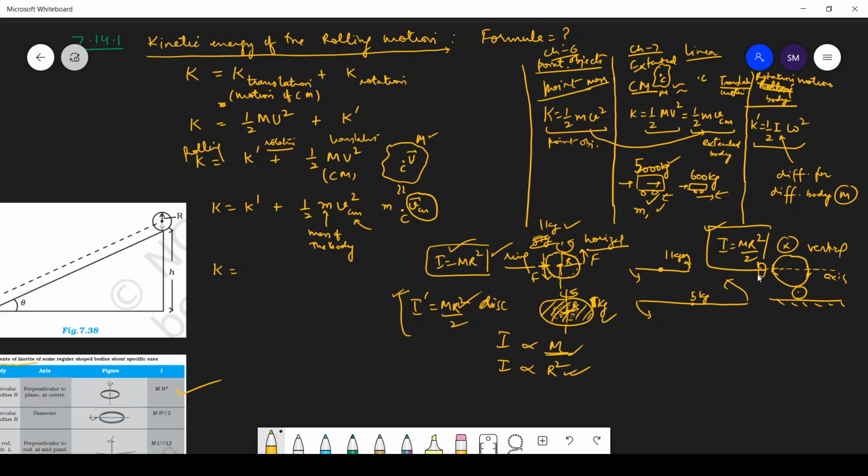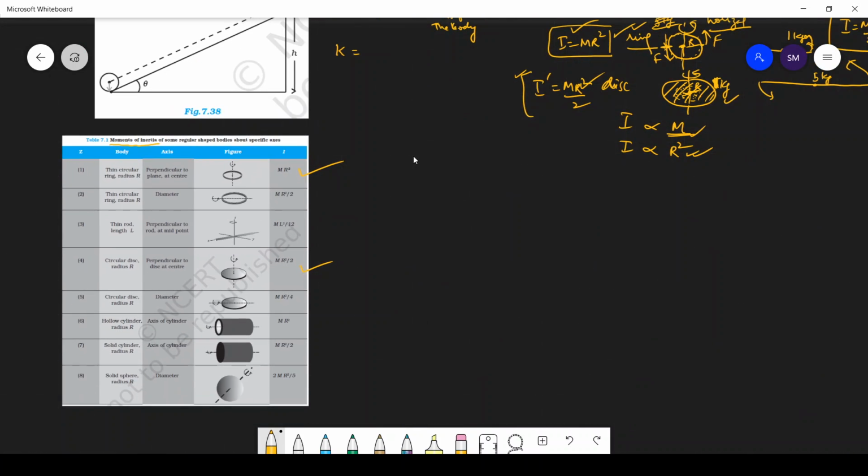So moment of inertia depends on how the mass is distributed around the axis of rotation. Even if the ring is same, look at this table.